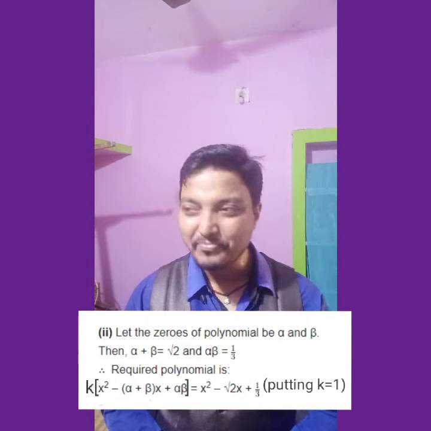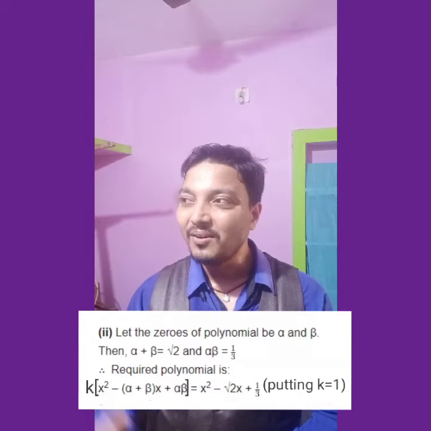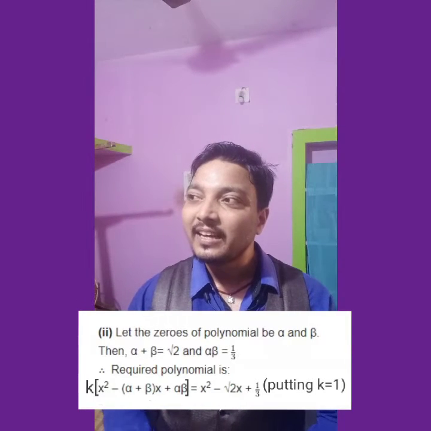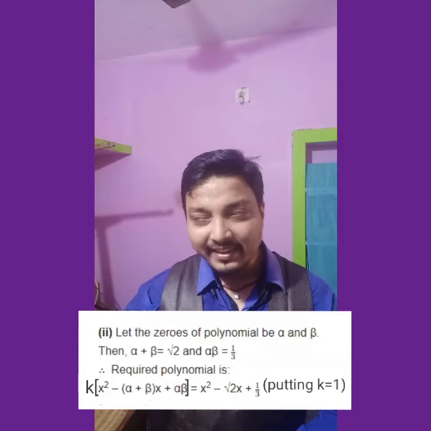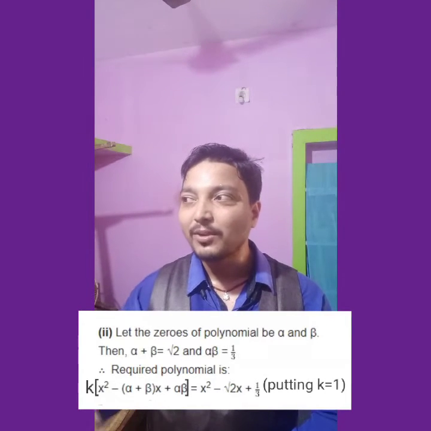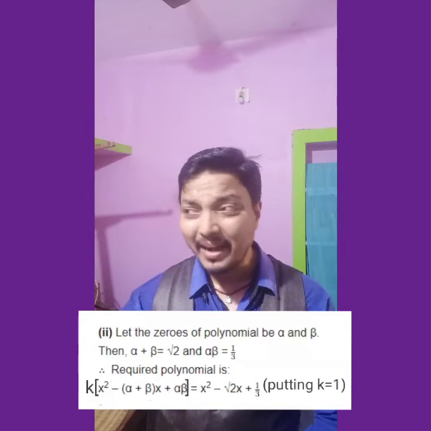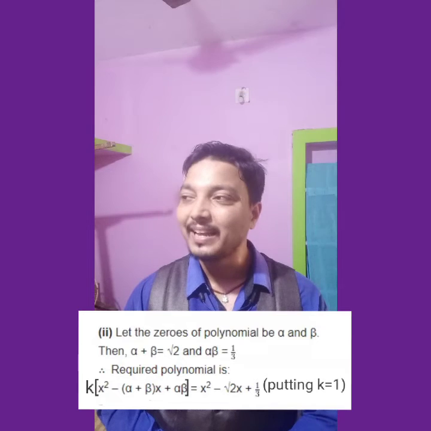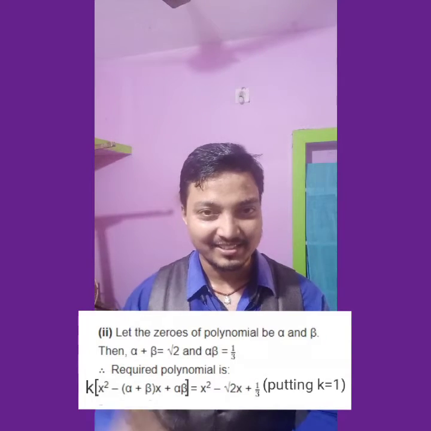So taking k as 1, I write x square minus alpha plus beta, which means minus root 2 into x, plus alpha into beta, which means plus 1 by 3. So the quadratic polynomial is x square minus root 2x plus 1 by 3. Both quadratic polynomials are correct answers.